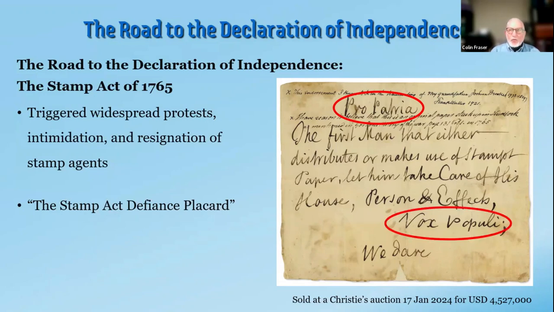And it's signed Vox Populi, the voice of the people. And below that, just to rub it in a bit more, he said, we dare. So this is a pretty strong affirmation of defiance against the Stamp Act.